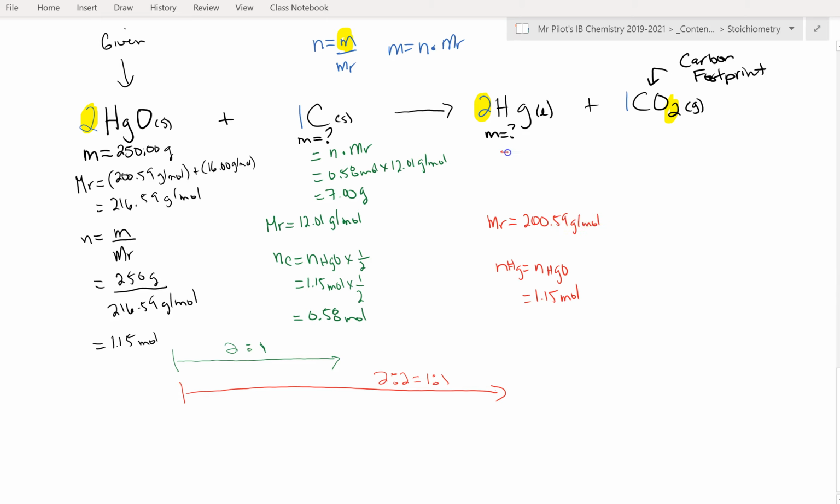So if I want to find the mass, I take my moles times my molar mass, and I'm going to get 1.15 moles times 200.59 grams per mole, and I will get 230.68 grams.